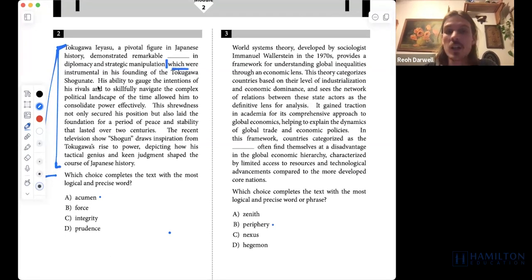It's the rest that's going to clarify this, right? So we're seeing skillfully navigate things, gauge the intentions of others. We see shrewdness, right? All of these words line up with acumen. Acumen is not exactly an innate skill, but pretty much is. So it's a skill that you've developed early on.